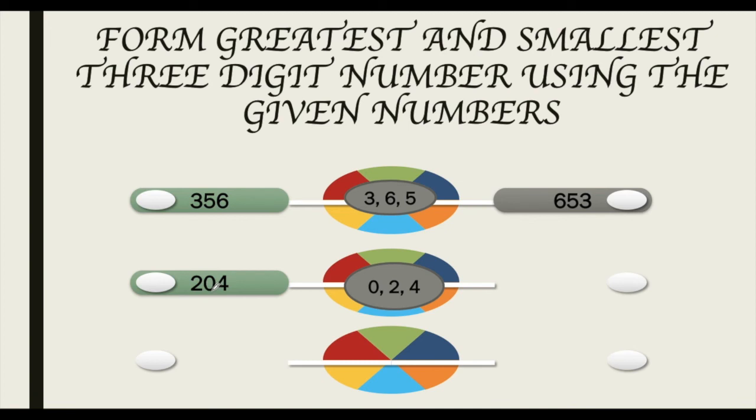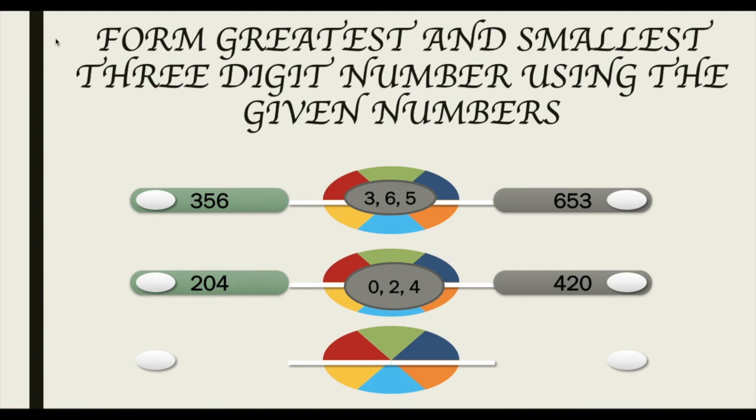So we have placed the next smallest number in the first place and 0 in the second place, so that it becomes a 3-digit number. So the smallest 3-digit number is 204, and the greatest 3-digit number is 420. So whenever you get 0, you should not put the 0 in the first place in the smallest number. You have to put it in the second place, so that it becomes a 3-digit number.